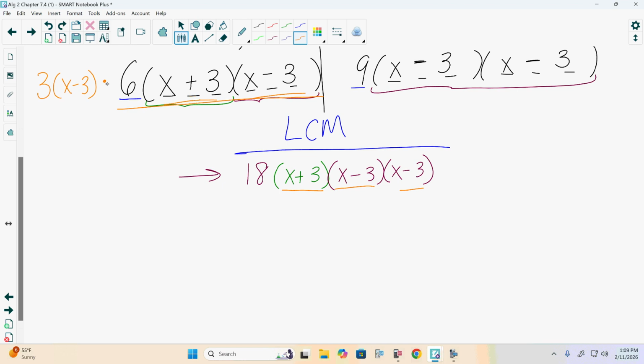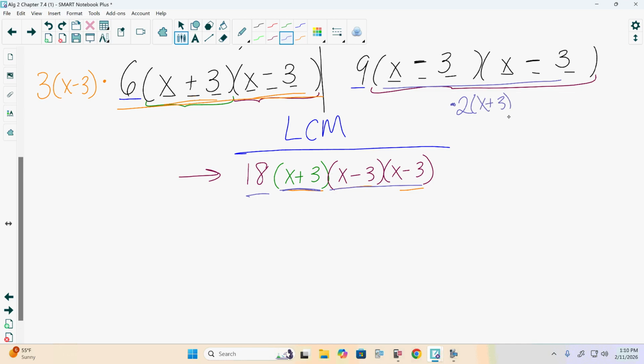Now the one on the right, we would multiply this. I'm going to multiply it below it because I don't have room to the left or right. Well, I need to get the 9 to be 18, and to do that I have to multiply it by 2. Now it does have both of the x minus 3's already, so we're good there, but what is it missing? The x plus 3.